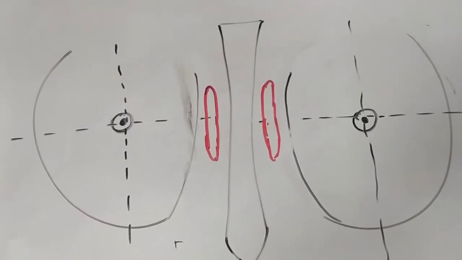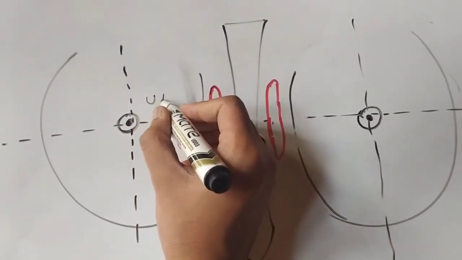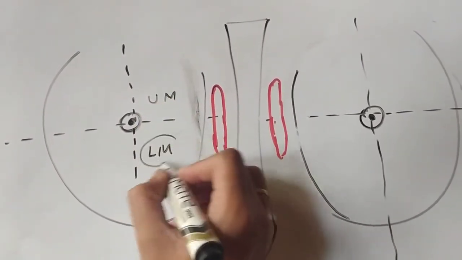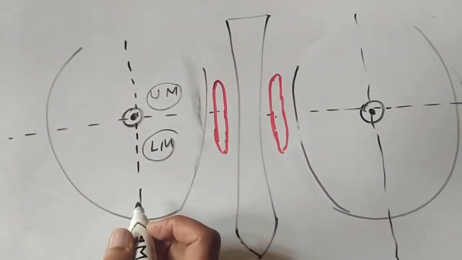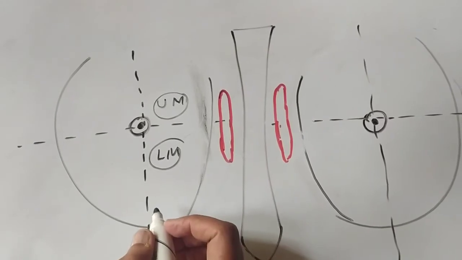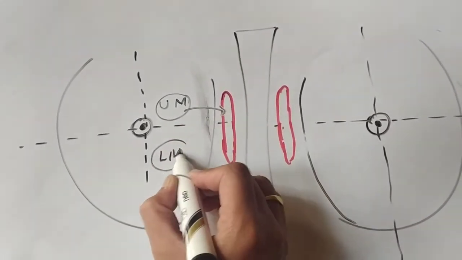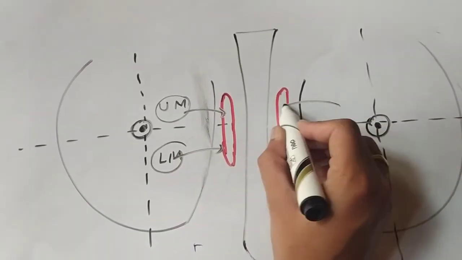Now talk about the lymphatic drainage of the breast. So see, especially the upper medial quadrant and the lower medial quadrant, whatever lymph is present in these quadrants, some part of it will drain into these lymph nodes from both sides.